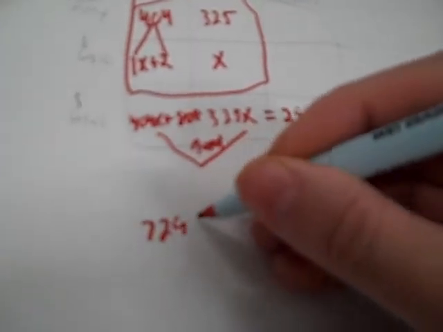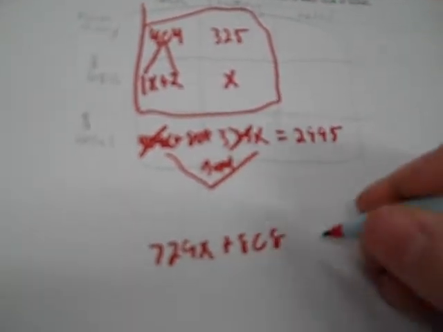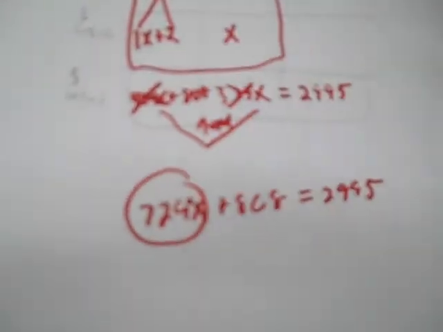Okay, so with that being said, I write equals the total, and the x's are on the same side, so we draw our adding pyramid, and I take 404 plus 325. And that's 729. So I have 729x. Now before equals, we have to add 808 equals 2,995. Okay, so I dot my x and circle it.